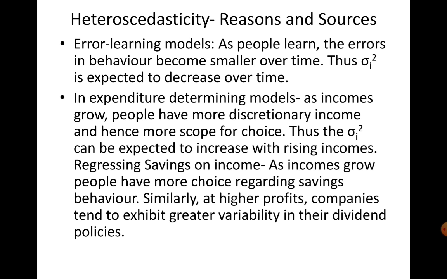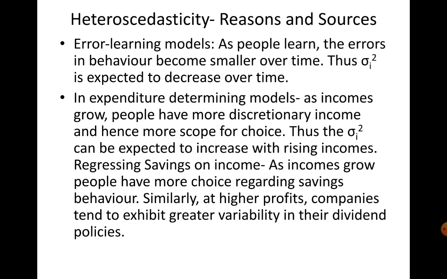So if in our model there is learning by doing, where over time more experienced people will make fewer mistakes, the variance for more years of experience will be smaller than in cases where there are fewer years of experience. So over time we would expect sigma i square to decrease.